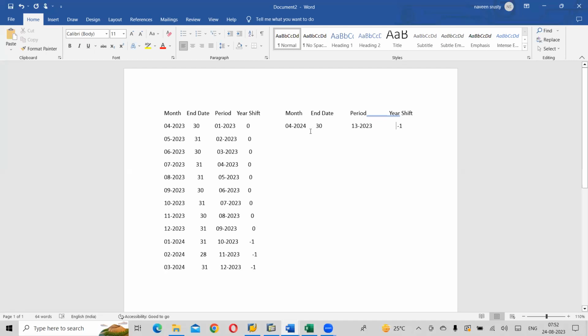So which period will it take? SAP is providing 4 special periods, so it will consider it as the 13th period. Why would it take both? Because I have mentioned -1, not 0. If I made it 0, then it is considered as the first period of 2024. Yeah, got you now.